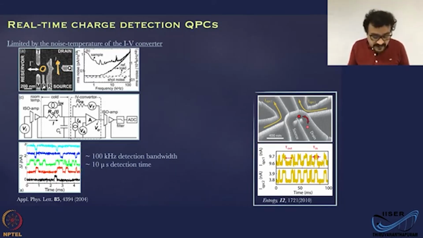But now the time scales, in this case, are much faster than the ones we discussed in the previous slide. The reason here is there is an IV converter, a room temperature IV converter, which is a highly sensitive fast current preamplifier. But since you are still operating at room temperature, it is far from the device, and this device is at the coldest region of the measurement system.